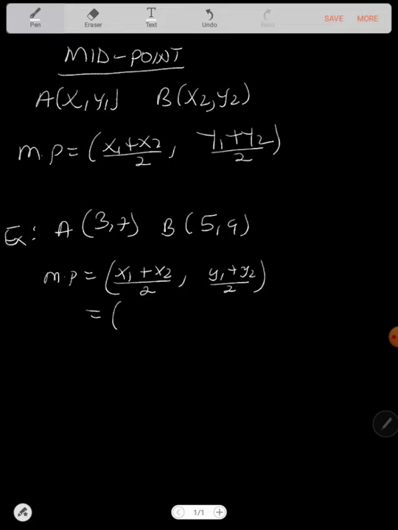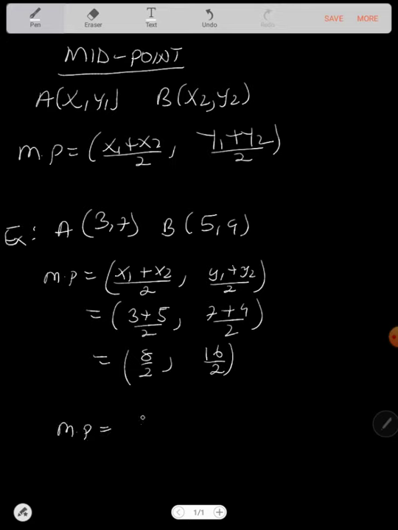So that is (3 plus 5 over 2, comma, 7 plus 9 divided by 2). So you get 8 over 2, and here you get 16 over 2. Hence your midpoint is equal to (4, 8).